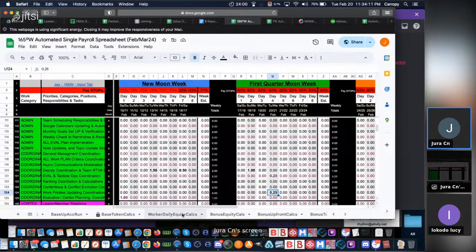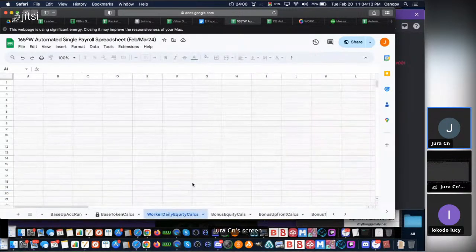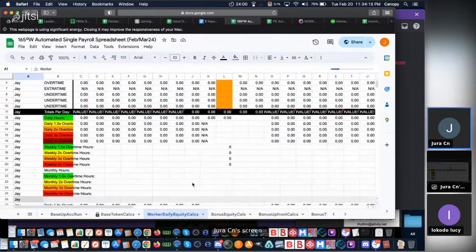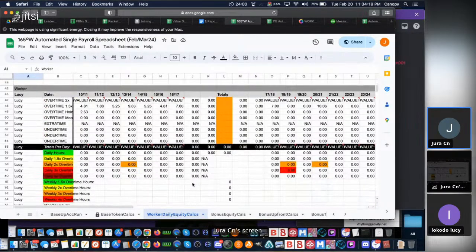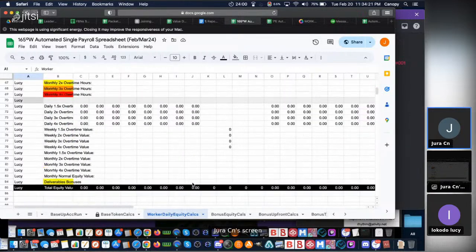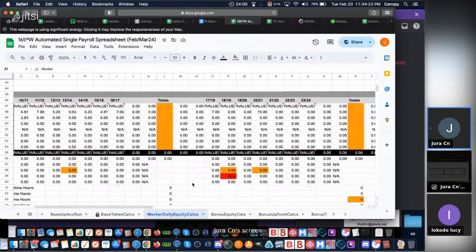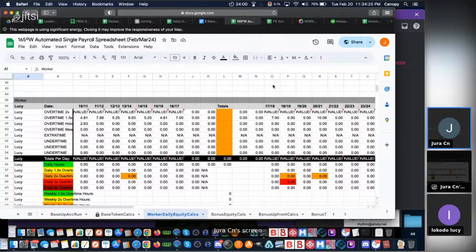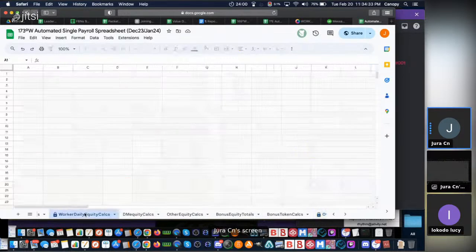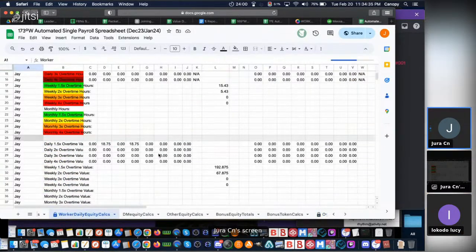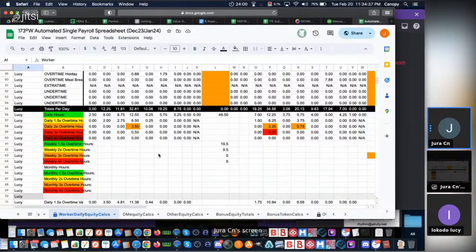Daily worker equity Calcs. I don't know what happened. Maybe it was in 173. Yes, this is it right here. So daily worker equity Calcs. So we can look right in here under Lucy.